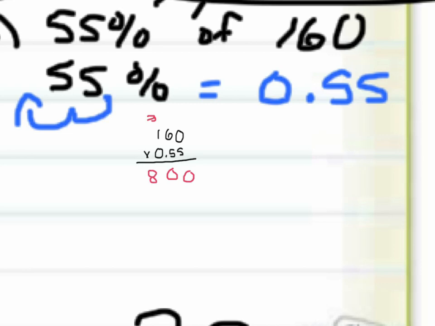And so now, for our next row, we'll bring a 0 for our second row. And then 5 times 0 is 0. 5 times 6 is 30 again. And 5 times 1 is 5, plus that 3 is an 8 again.